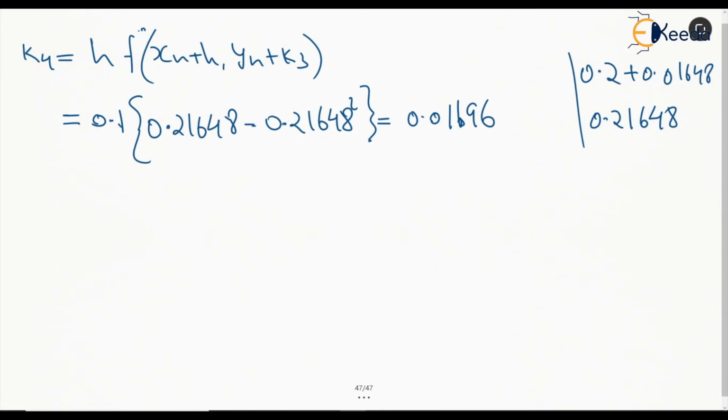So finally we can find this k. This k is 1 by 6 k1 plus 2k2 plus 2k3 and k4.